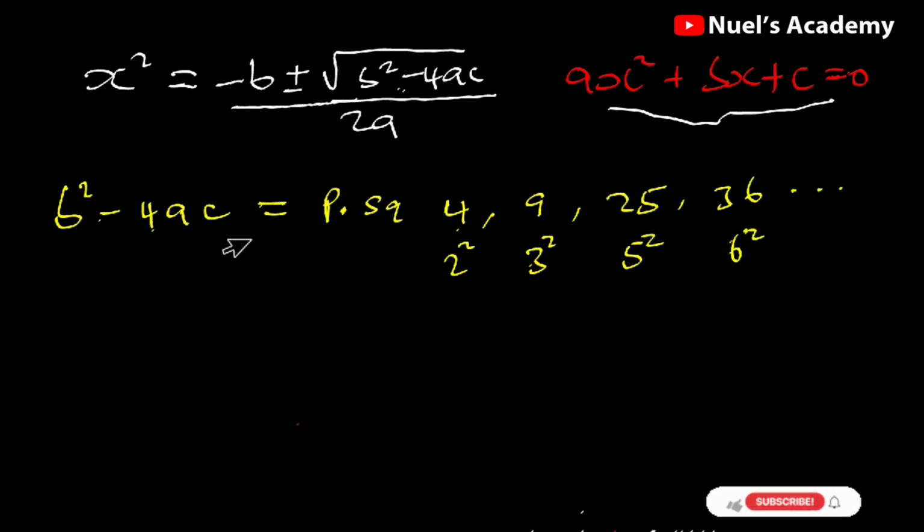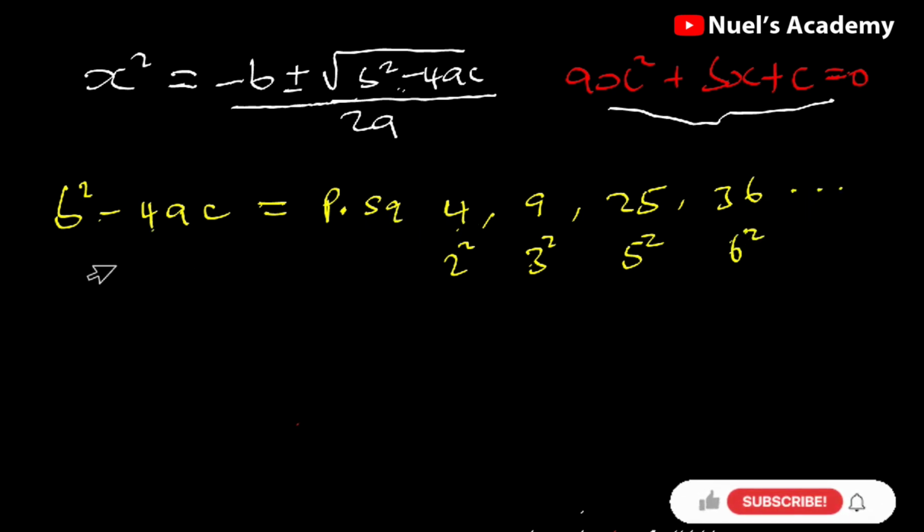If the discriminant is equal to a perfect square, it means that the equation can be factorized, number 1, and it also implies that the quadratic equation has 2 rational roots.